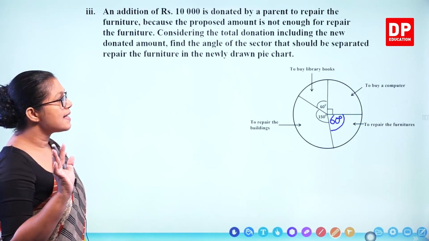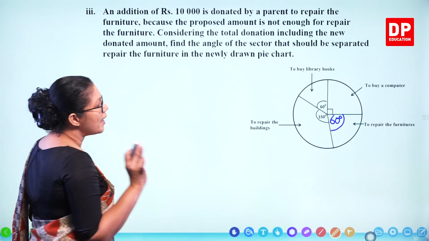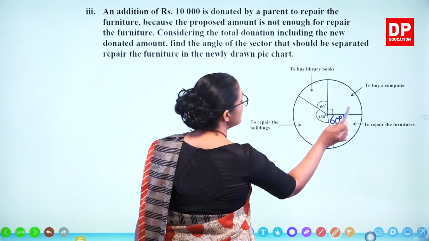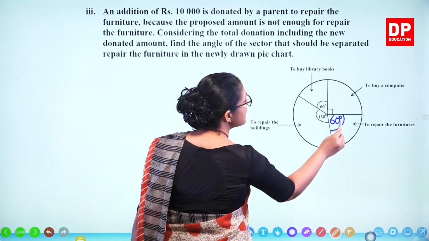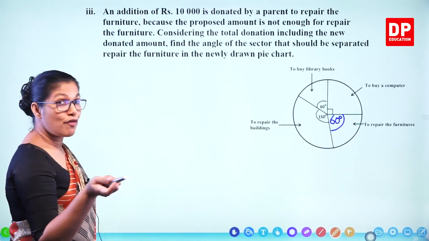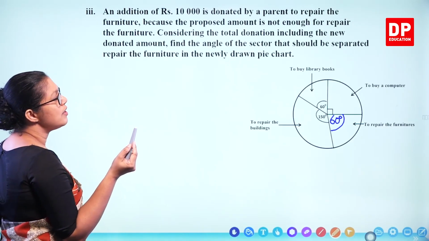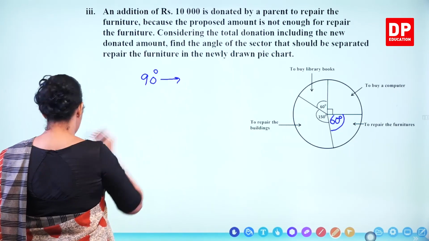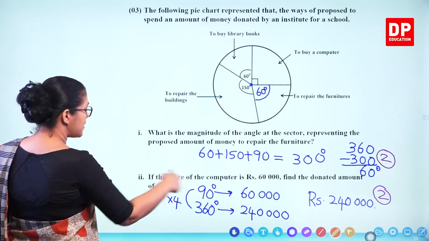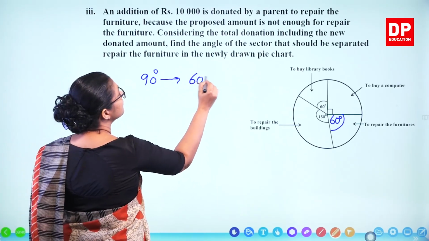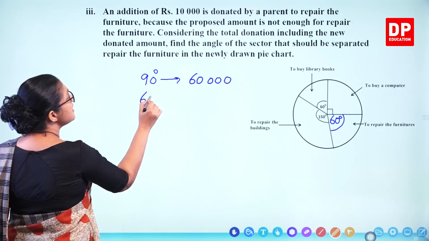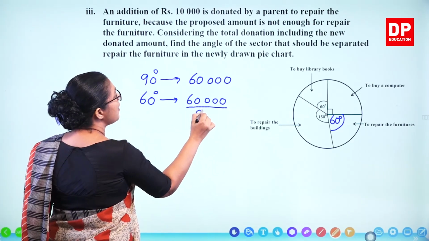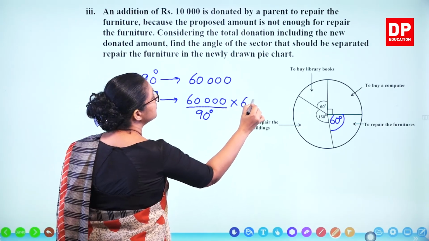Now all the angles are changing. So what is the amount given for furniture? Furniture means the 60-degree angle. So first we need to find out what the amount given previously was. We found 90 degrees means 60,000. So what about 60 degrees? You divide by 90 and multiply by 60.